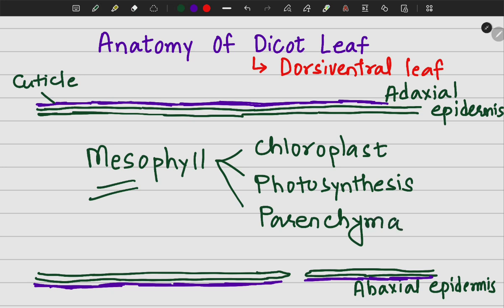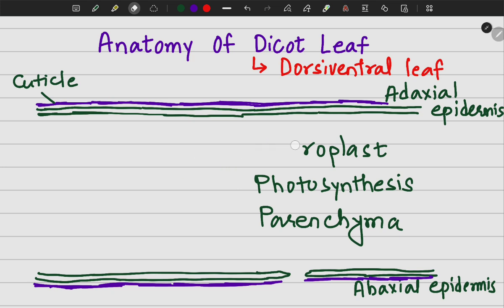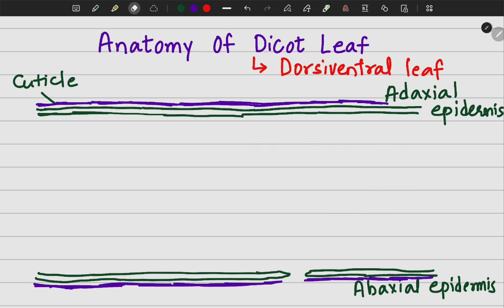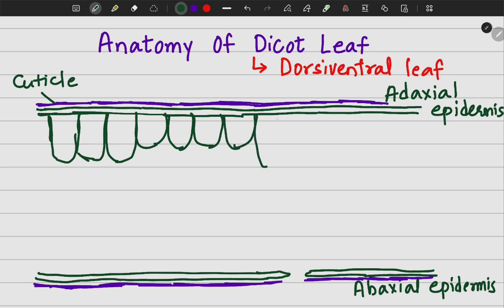Let us see the two different types of mesophyll which we will find. Below the upper epidermis or the adaxial surface, we will find elongated mesophyll cells like this. These will be arranged vertically and parallel to each other, in this manner.